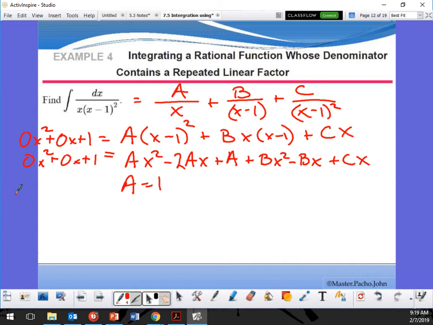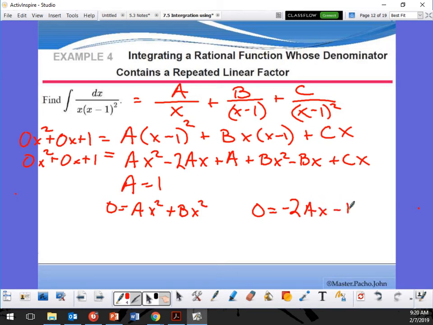All right, so now let's rearrange the rest of them. So it's going to be ax squared plus bx squared equals 0. And I also know that 0 equals, where's my x's at? So negative 2ax, and then what else do I have?